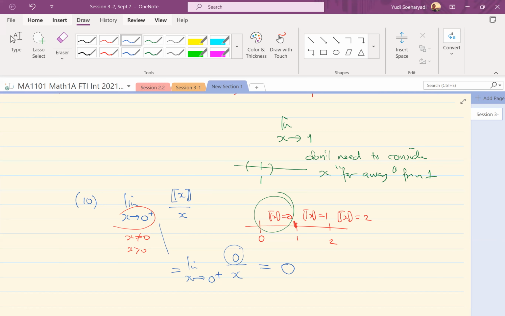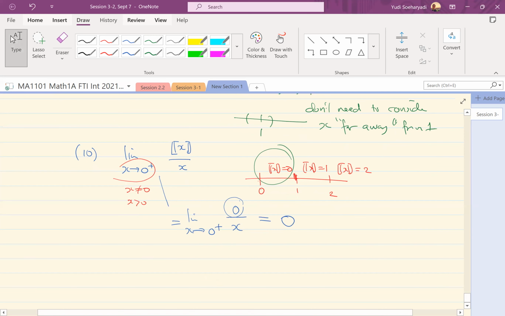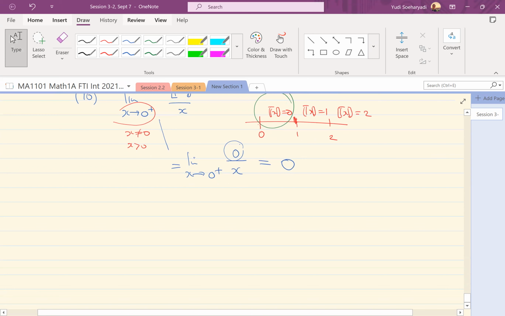I want to answer. Sure, go ahead. It's divided by x. Why don't we compute the x for the divide? So 0 divided by 0 like that. Okay, here's the catch. Let me give you one example.